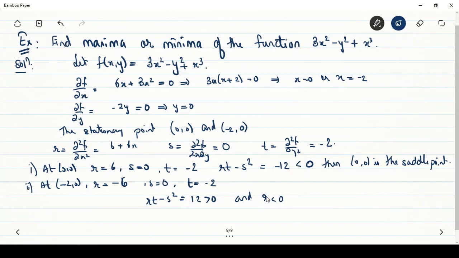So from the second condition, at point minus 2 comma 0, the function attains maxima. So this is the procedure to find the maxima and minima of a function.